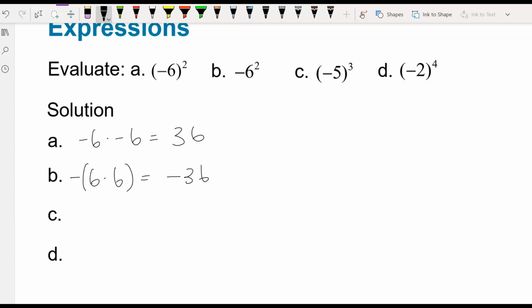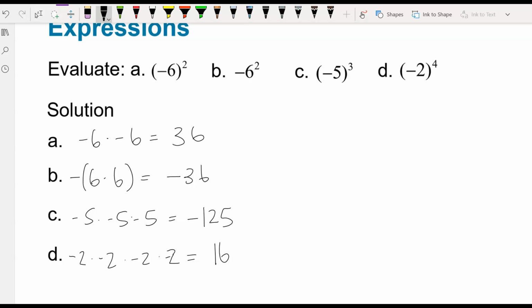All right, so this one is negative 5 times negative 5 times negative 5. And we're going to get negative 125 because it's three negatives together. All right, and then the next one, so we have negative 2 times negative 2 times negative 2 times negative 2, which gives us a positive 16.